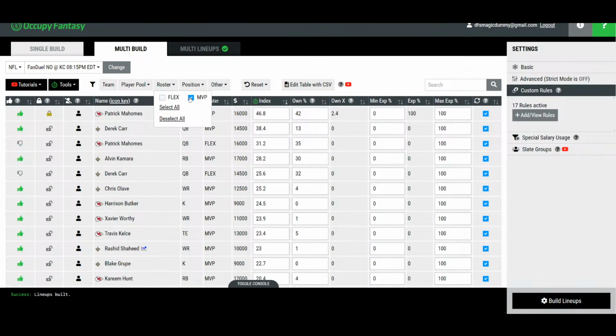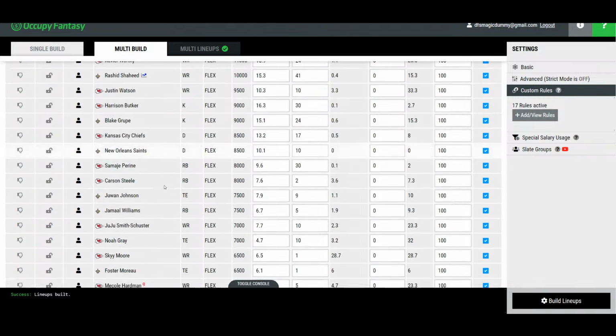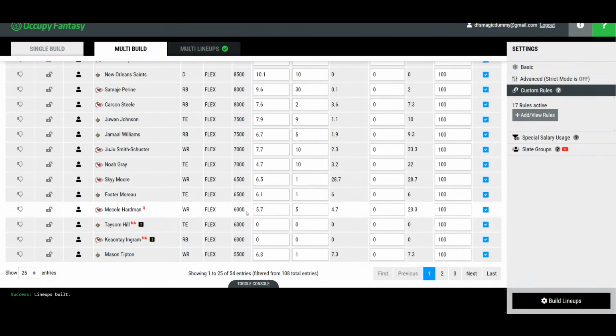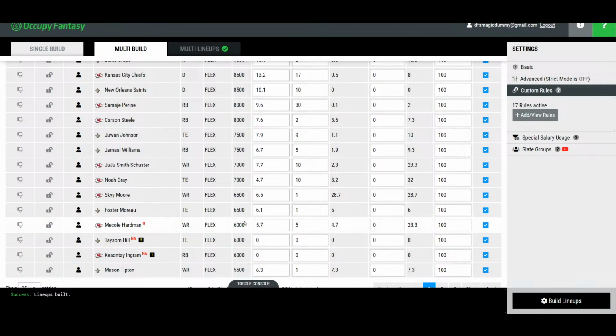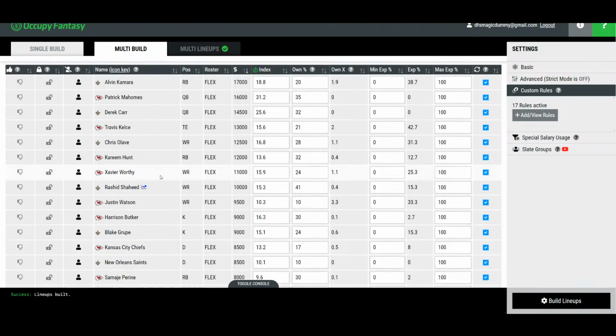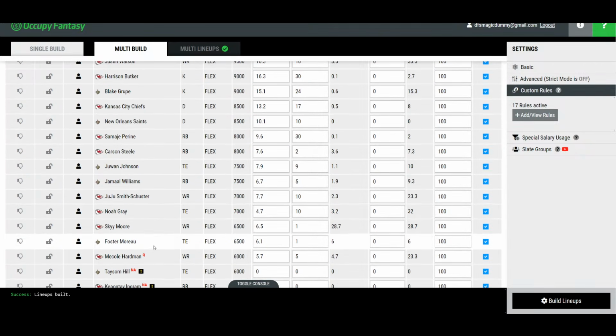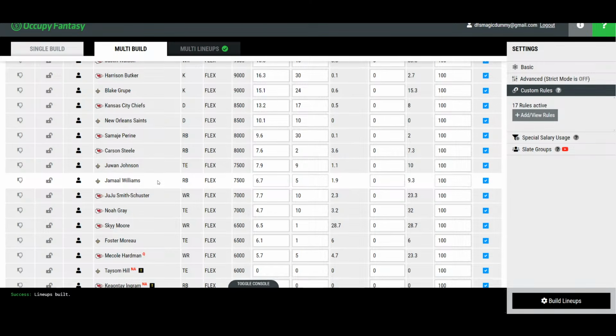Let's look at flex, sort by salary, and we see Mecole 6K. So he has to outscore everybody from Foster Moreau all the way up to Chris Olave. Can Mecole do that in a game where he gets more playing time than expected? Sure. However, can he do that while Foster Moreau also does that and Juwan Johnson also does that? No, that can't happen. Right? That's not going to happen.